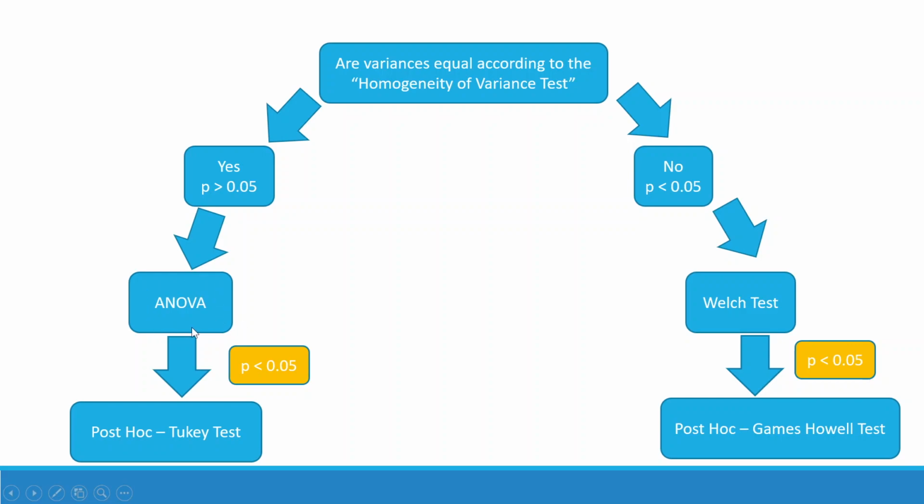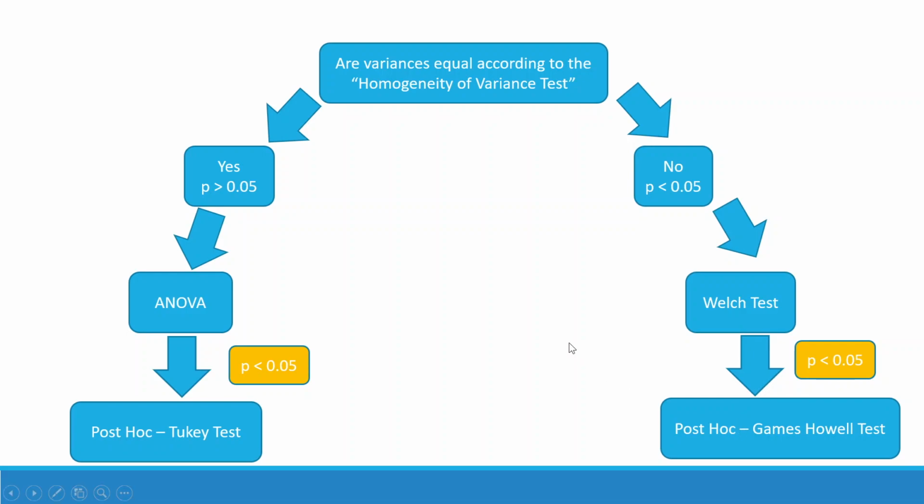And if you get the p-value less than 0.05, it means that there is a significant difference in the group, then you will go for the post hoc test, which is known as Tukey's test. Similarly, if the variances are not equal, say for example, p-value less than 0.05, then you will go for Welch test. And here, if your p-value is less than 0.05, you will run post hoc Games-Howell test.